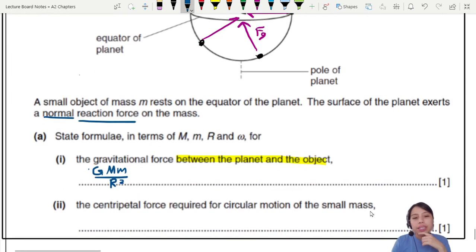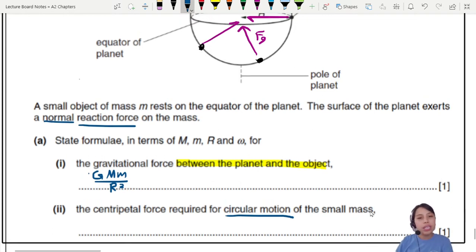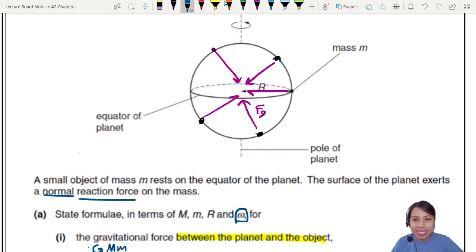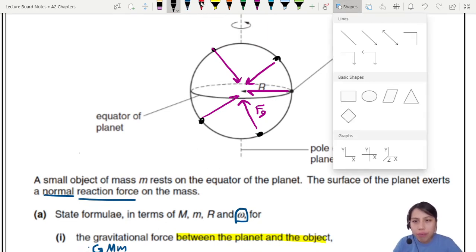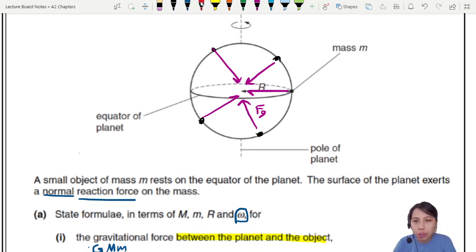The second one, formula for centripetal force required for circular motion of the small mass. Now, this one is a bit more tricky. You need it in terms of omega, so you have to use m r omega squared. But is this r going to be big R as well? It really depends. Let's say we draw another planet here to show the centripetal force.